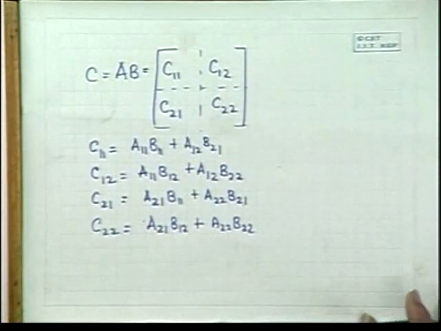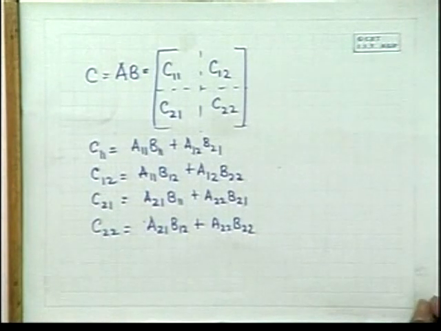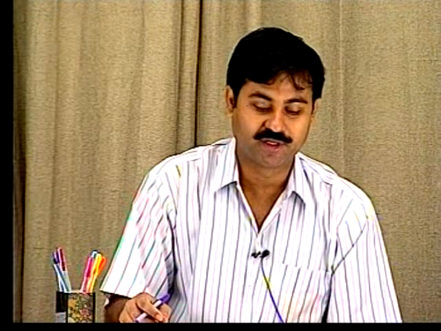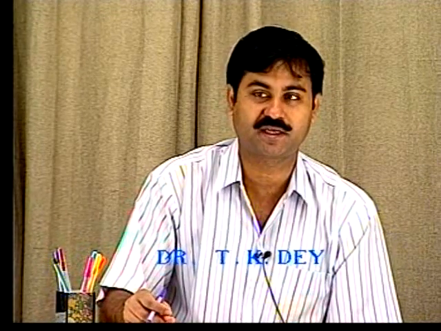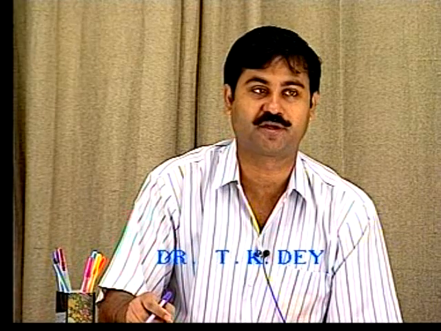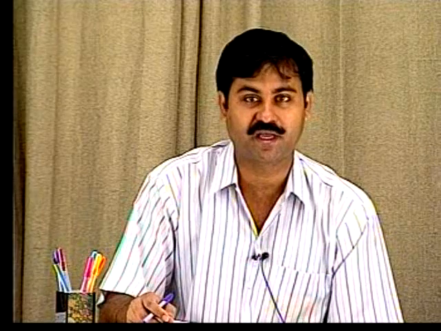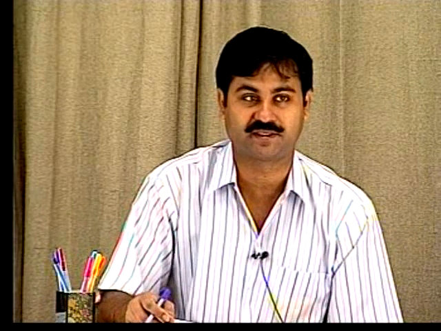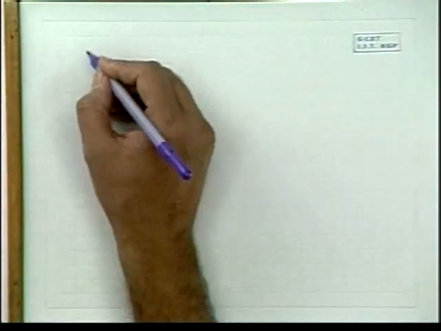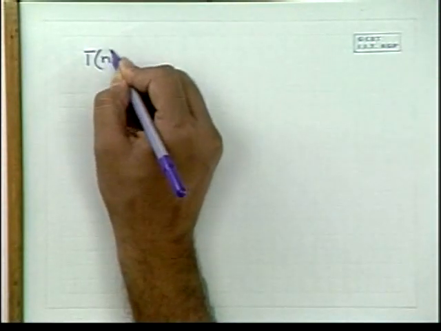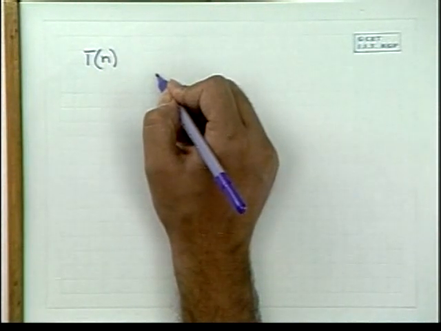Now suppose we use this algorithm to compute the elements of the matrices. In that case, let us write down the recurrence relation for all the operations we are doing. The number of operations is nothing but the number of multiplications and the number of additions. So suppose Tn is the time to multiply two matrices of dimension n by n.